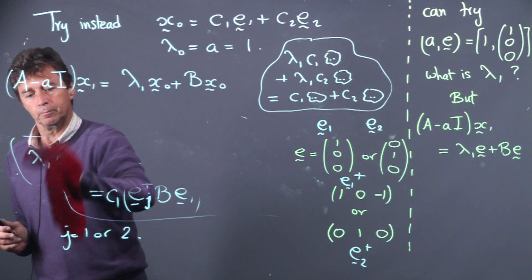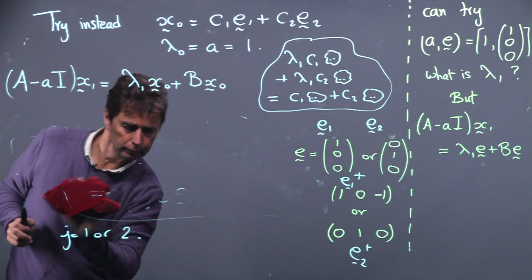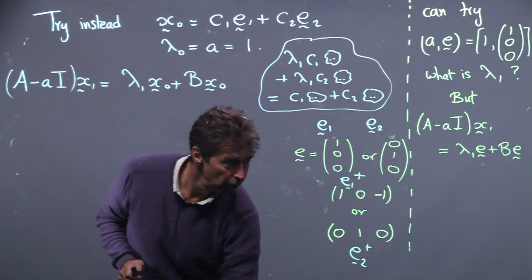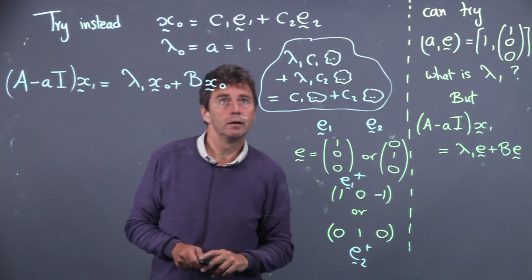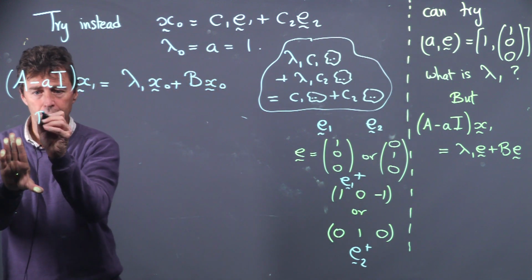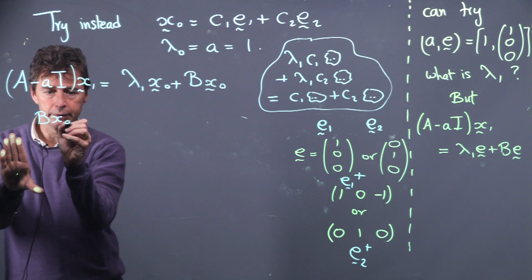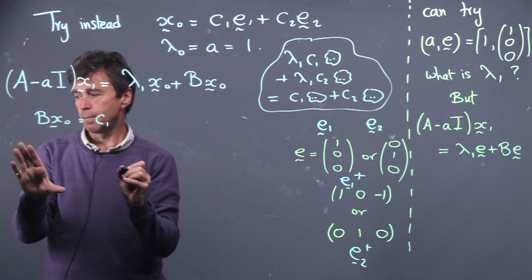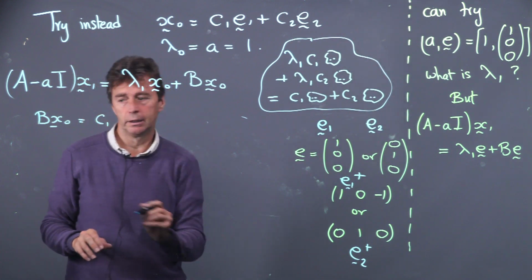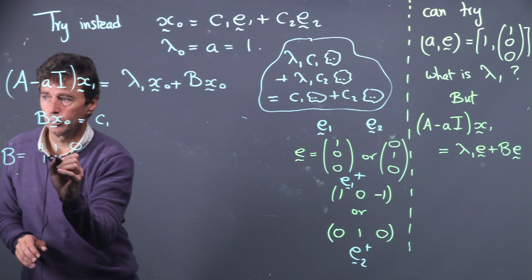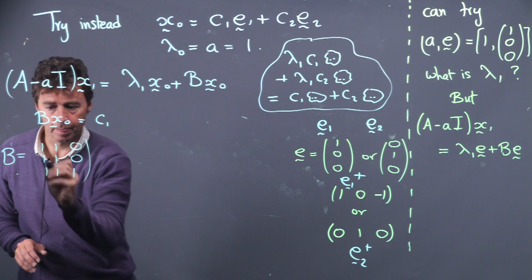Okay, so I have that and that here and here. Okay, so let's just have a quick look at B x naught. That's going to be C1, and B was 1, 1, 0, 1, 1, 0, 1, 1, 1.